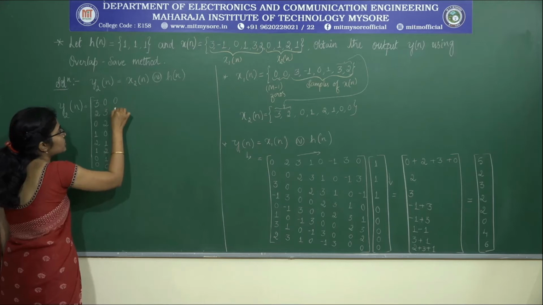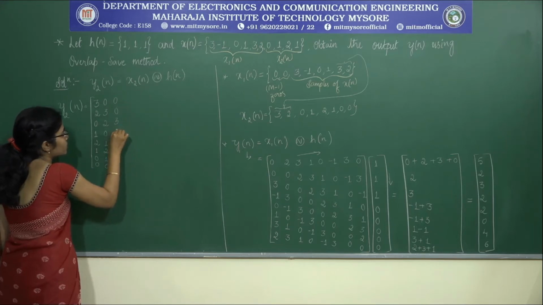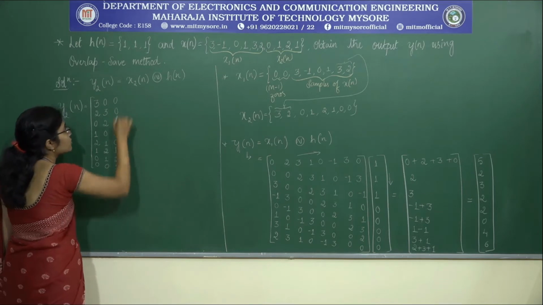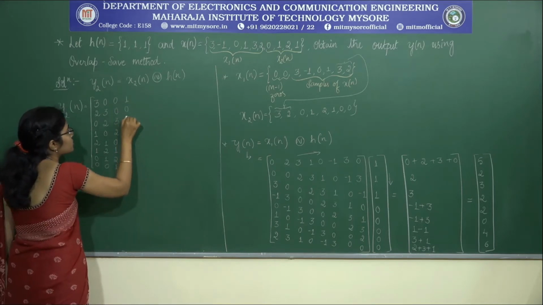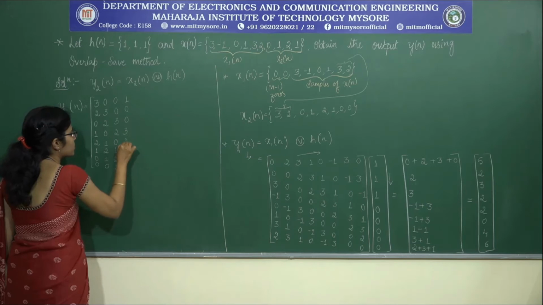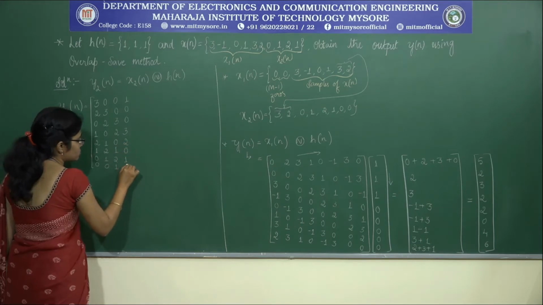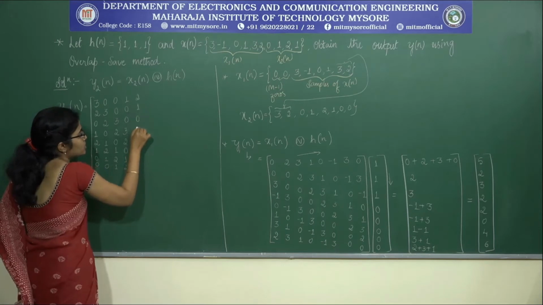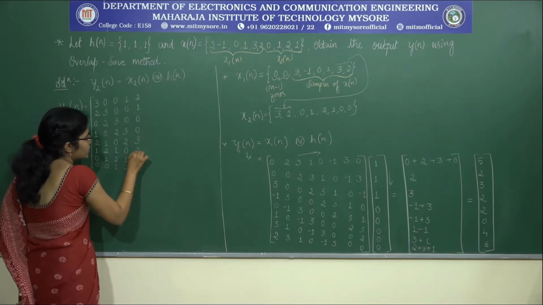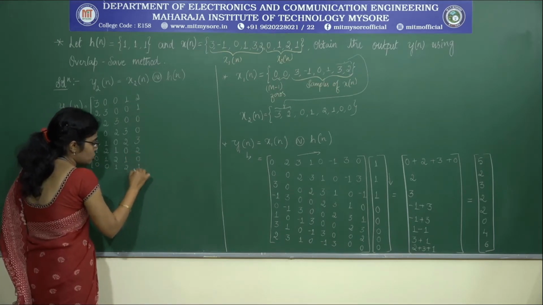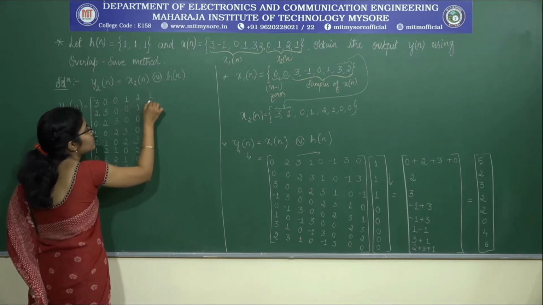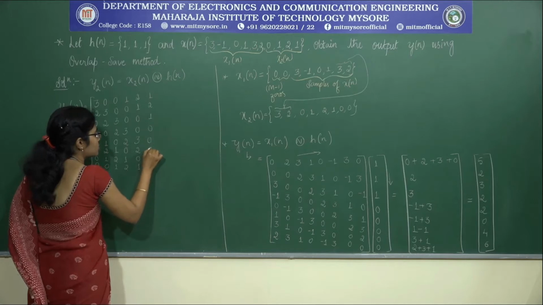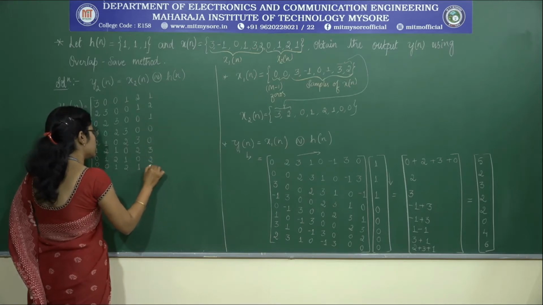Shift this again, so it becomes 0, 0, 3, 2, 0, 1, 2, 1. Shifting this: 1, 0, 0, 3, 2, 0, 1, 2. Again shifting: 2, 1, 0, 0, 3, 2, 0, 1. Shift this one, with 1 as the first element: 1, 2, 1, 0, 0, 3, 2, 0.